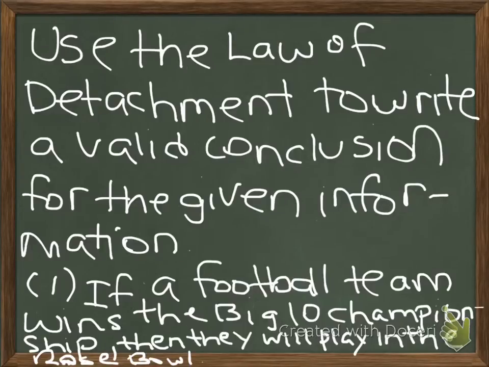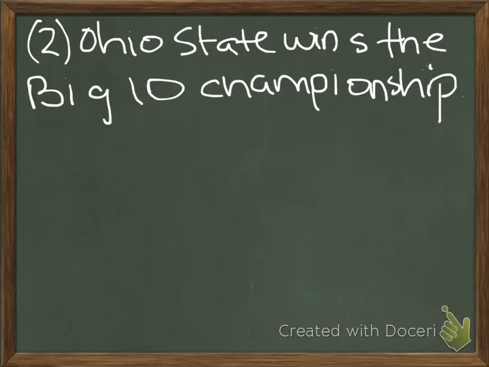So if the next statement is about the if part, then we can conclude the then part. So the next statement says Ohio State wins the Big Ten championship, and that is a football team, and it's winning the Big Ten championship, so we can say that Ohio State played in the Rose Bowl.